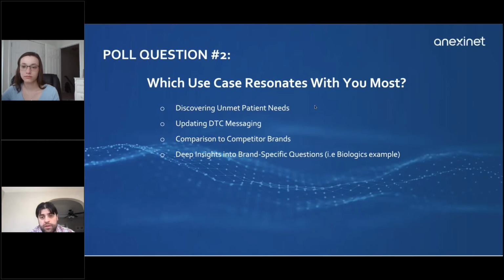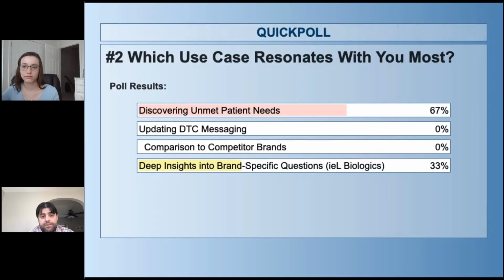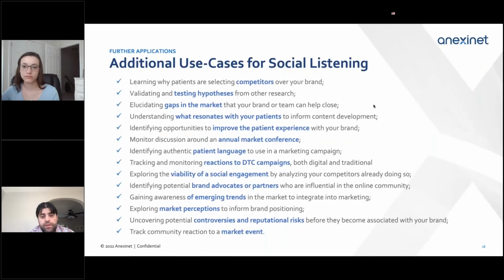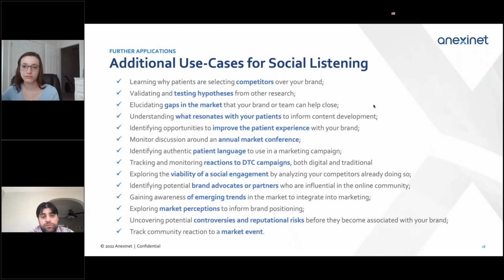It's really the number of ways you can apply this data and the analysis of this data is pretty broad, right? So you can do a lot with social listening data and understanding what patients are saying to analyze that data and come up with insights that help your brand. So in addition to the ones we described, there's the ability to potentially discover gaps in the market.